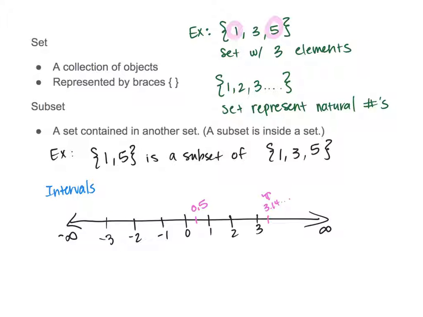So this entire line encapsulates natural numbers, integers, irrational numbers, rational numbers, all the numbers that we were talking about. This is what we call the real number line. Real numbers encapsulate all those numbers that we just talked about a moment ago.